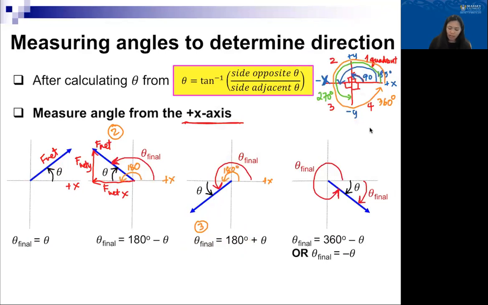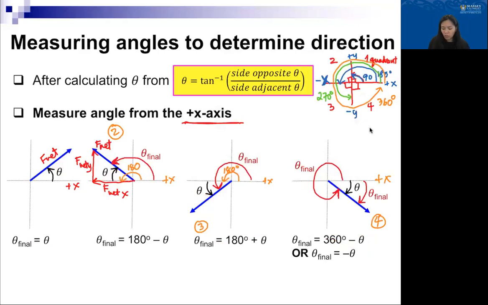So to get the final angle, you should add 180 degrees to whatever angle you calculated from the trigonometric equation. And if your net force is in the fourth quadrant, this is your final angle measured with respect to positive x. So you have to do 360 minus whatever angle you calculated from trigonometry.